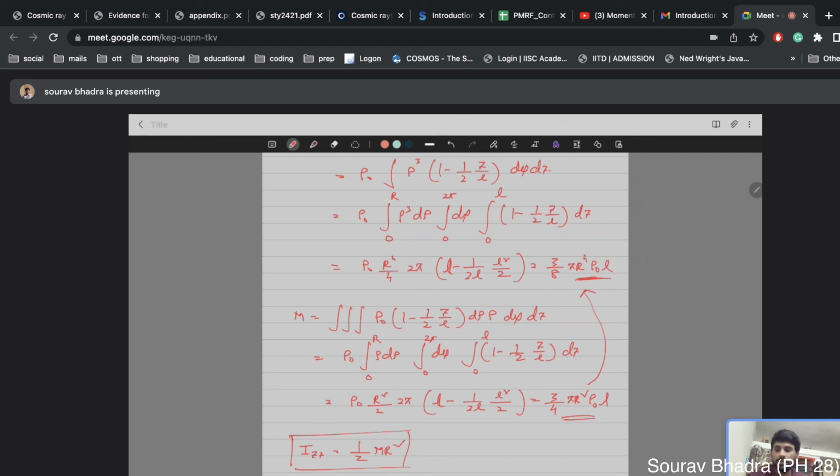And we will do some more problems of calculation of moment of inertia, more difficult problems, for a cone, a hollow cylinder, a hollow sphere, and a solid sphere, and we will try to see some applications of this moment of inertia in these physical problems. Okay, so today I will end the session here, and thank you.